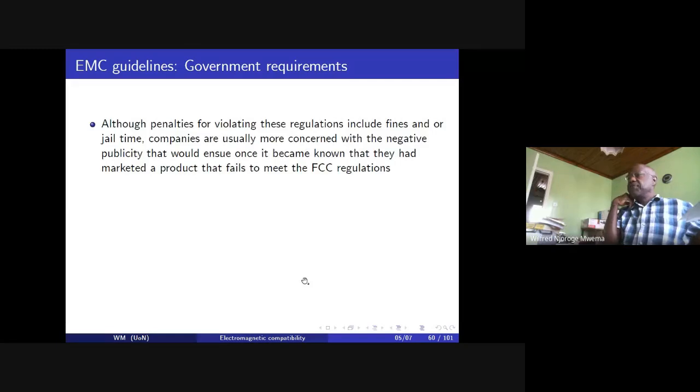Although penalties for violating the regulation include fines or jail time, companies are usually more concerned with the negative publicity that would occur once it becomes known that they had marketed a product that fails to meet the FCC regulation.